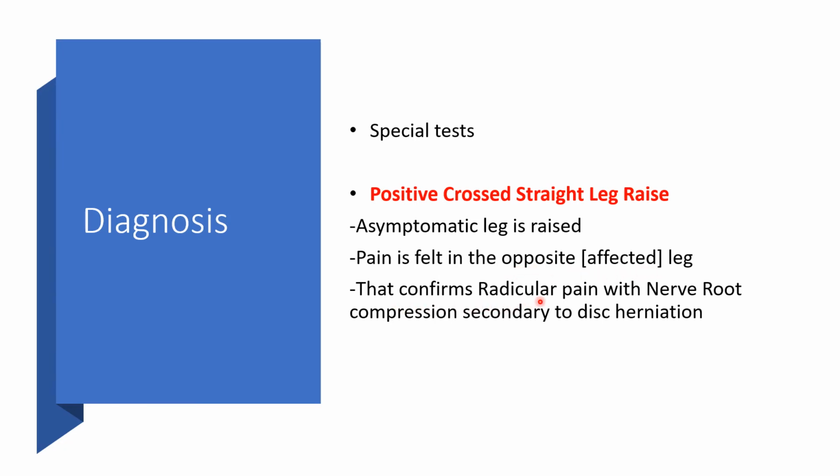That will confirm radicular pain with nerve root compression secondary to disc herniation. That's a positive cross straight leg raise. The non-affected leg is raised. Pain will be felt at the affected leg. Radicular pain with nerve root compression.